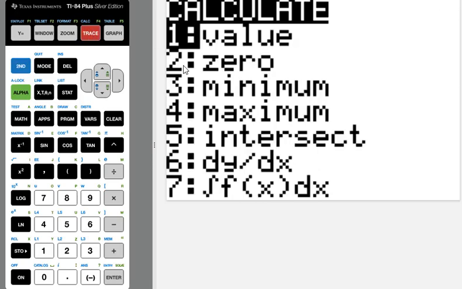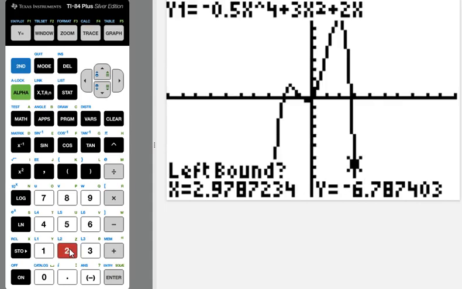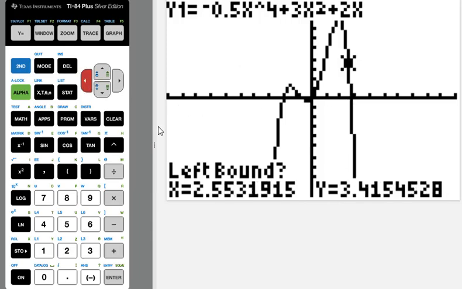Let's calculate. First of all, we want to figure out the x-intercept. That's 0, so I press 2, 0. Left bound means we need to put this arrow on the left side of this x-intercept, so we move the arrow to the left.